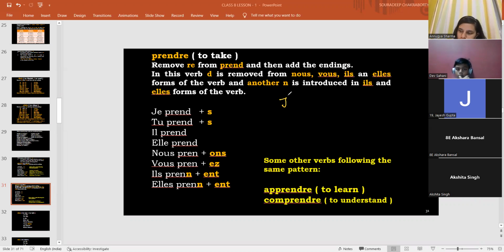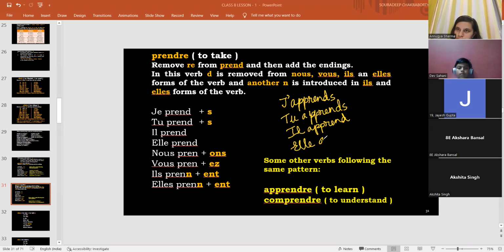So it starts with a vowel, so we'll be writing j'apprends. A-double-P-R-E-N-D, and then we add S. Tu apprends. A-double-P-R-E-N-D-S. Next is il apprend. A-double-P-R-E-N-D. Il apprend.